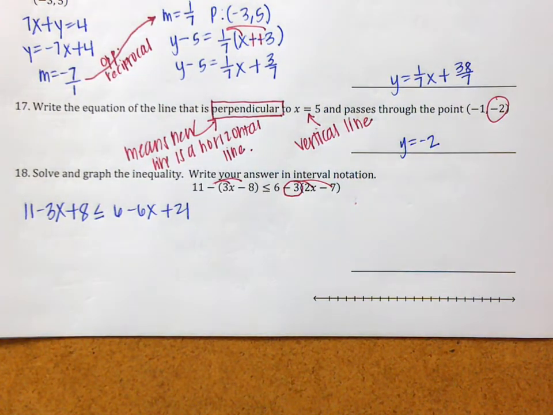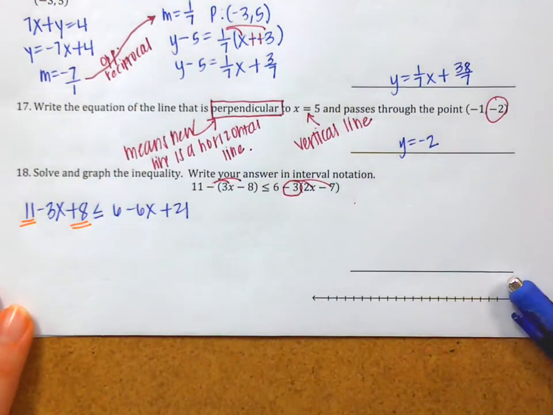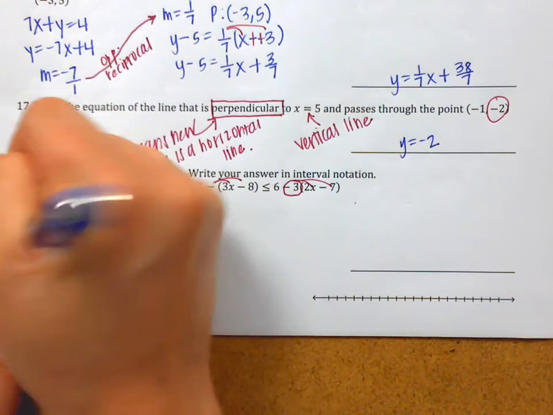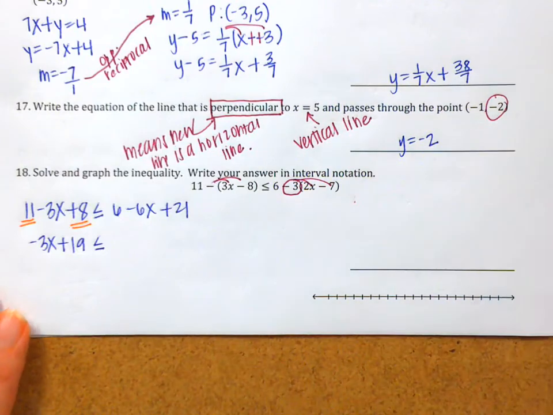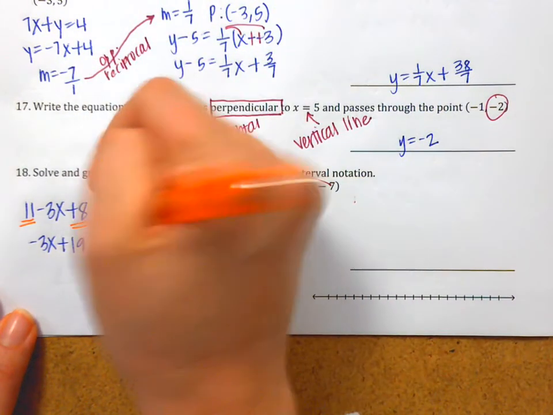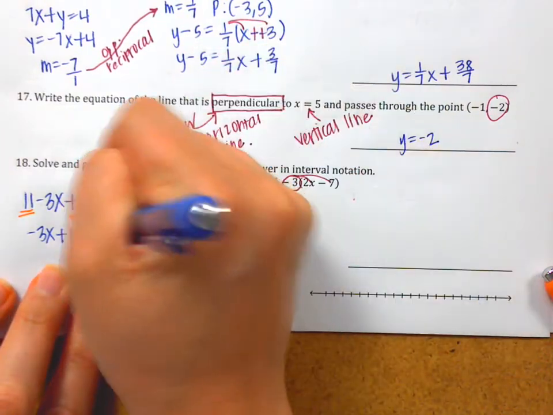And then from there, I will combine like terms. So 11 plus 8 can combine to get me 19. And then 6 and 21 can combine to get me 27.